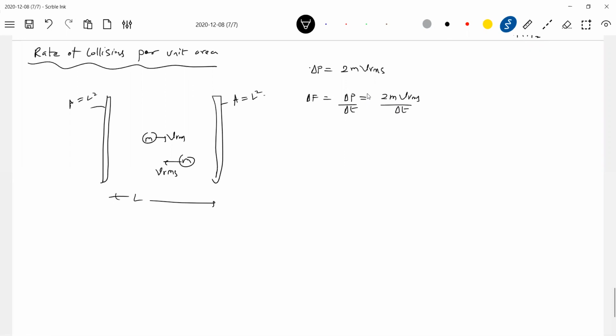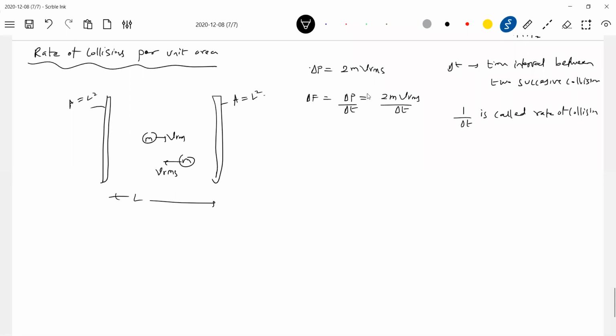The time interval between two successive collisions. If I take the reciprocal of that, what will it give? The rate of collision, or frequency of collision.